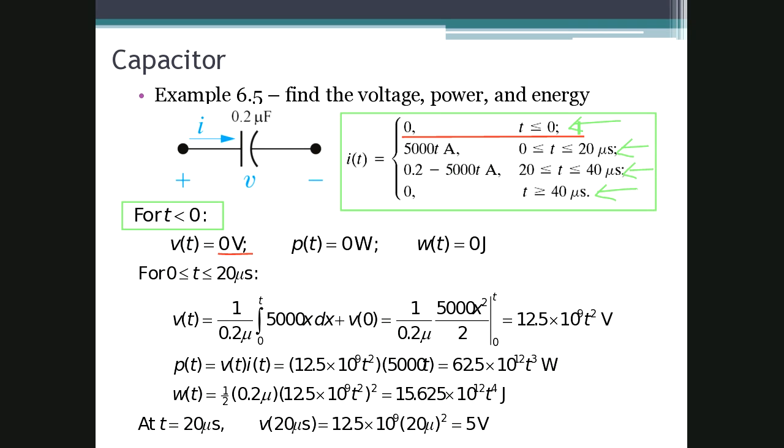Now the same thing for power. Initial conditions, there is no energy stored in this device initially. So that means that if I'm looking for power, which is equal to I times V, or in this case, I of t times V of t, if current is zero at t is equal to zero, and voltage is zero at t is equal to zero, we know that power is also equal to zero.